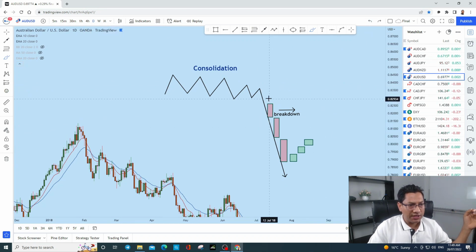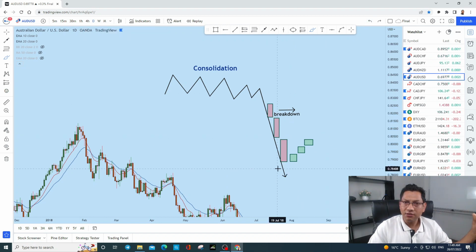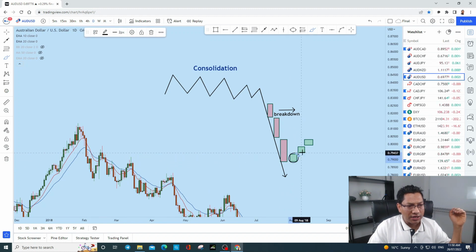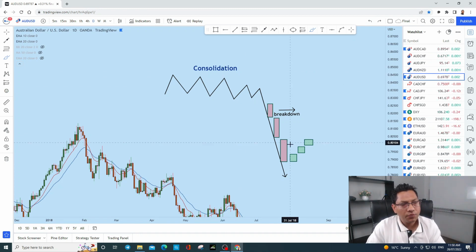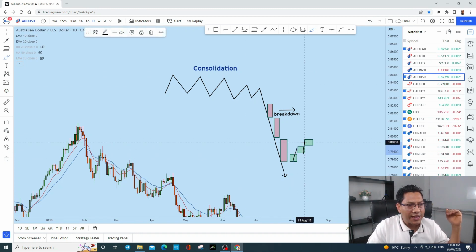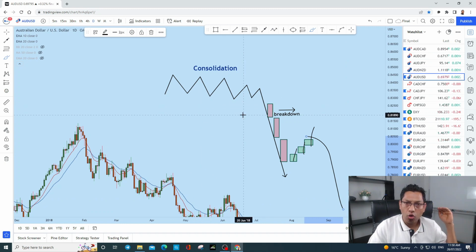Now if you see that the market broke down with stronger, bigger candles, and then followed by smaller retracement. So again, when you see a consolidation and a strong breakdown followed by smaller candles to the upside, that's a sign of another breakdown. That means the continuation to the downside.